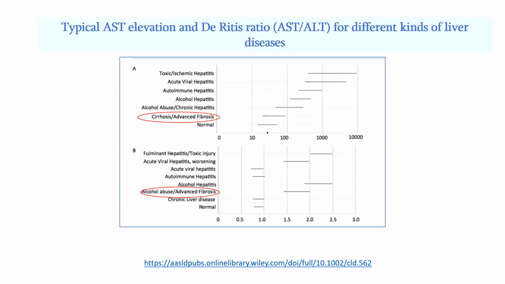Normal level of transaminases is up to 40-50 international units per liter, but here we may see 500, 1,000, and even several thousand units of transaminases in the blood. In case of chronic processes, because there is not very massive injury to hepatocytes, and also there are fewer hepatocytes than in healthy liver, transaminase level is elevated moderately.